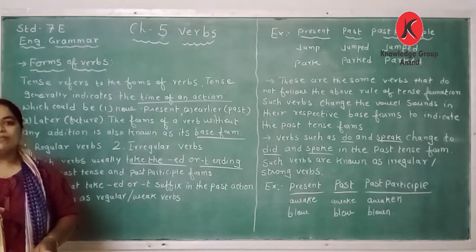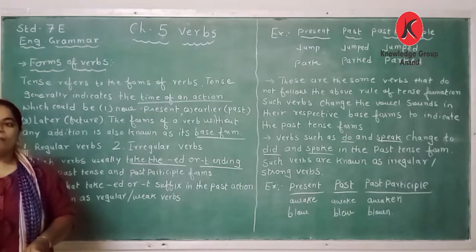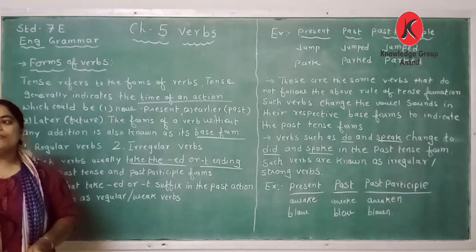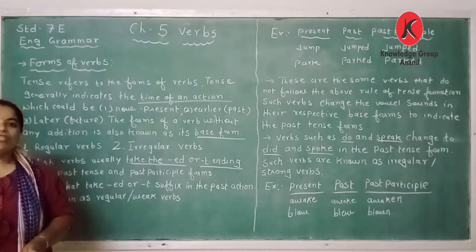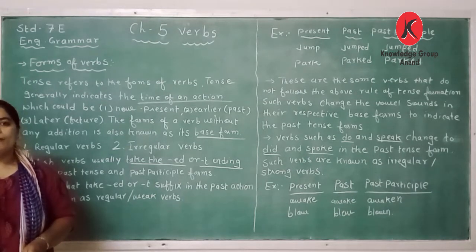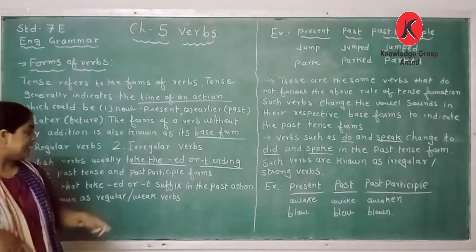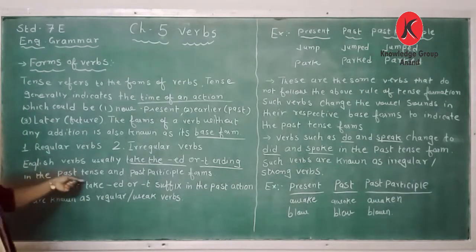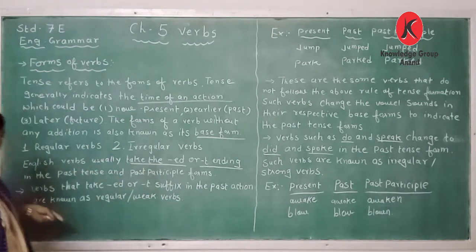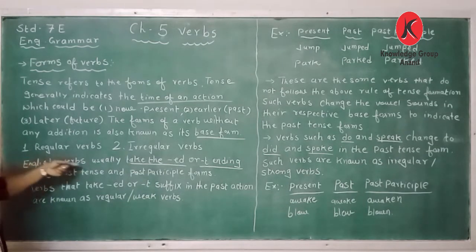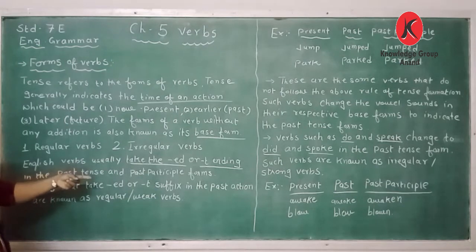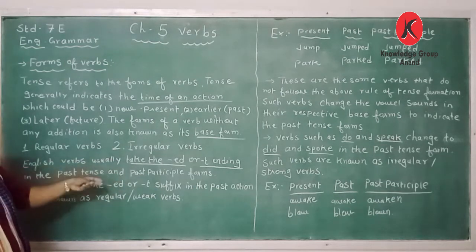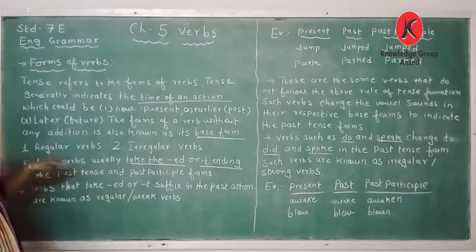The past participle form is used in the tenses. Okay, English verbs usually take ed or t endings in the past tense and past participle forms.